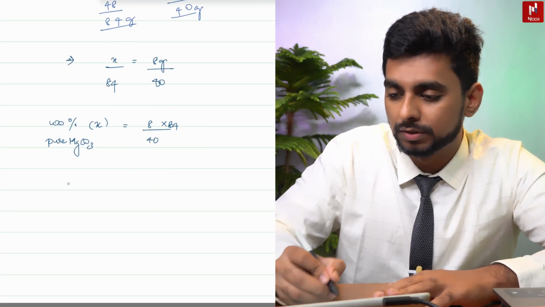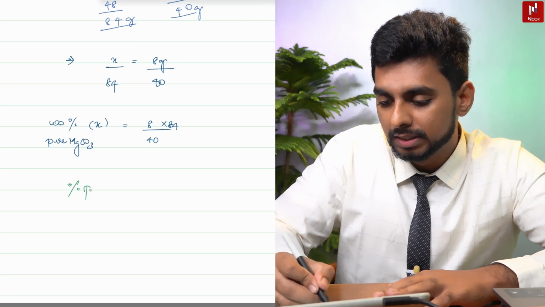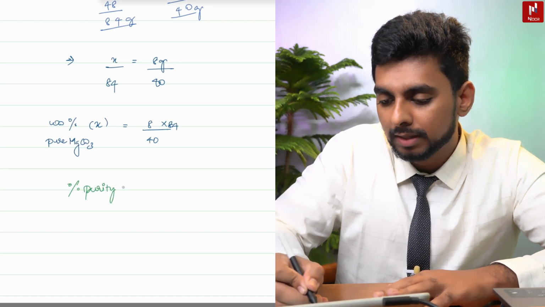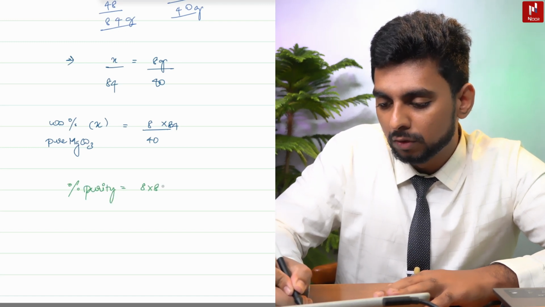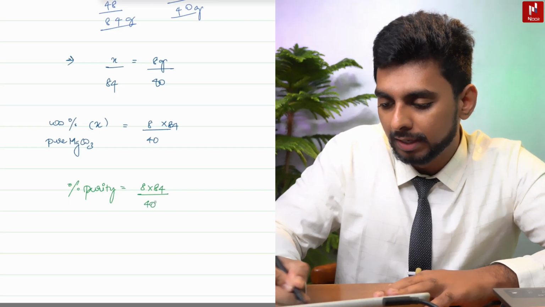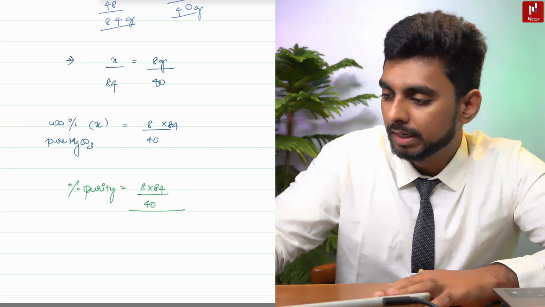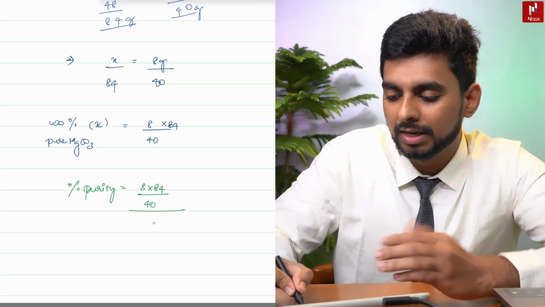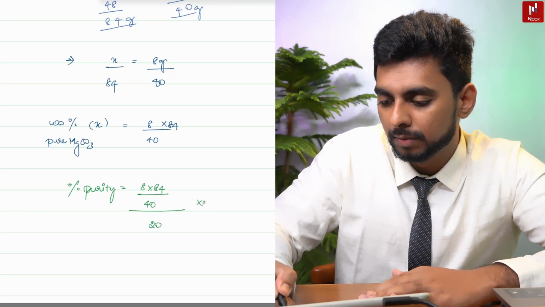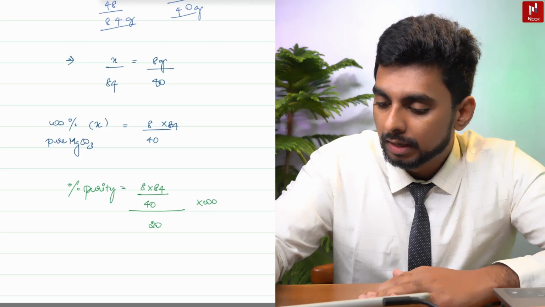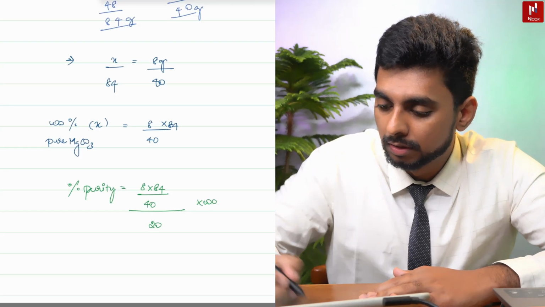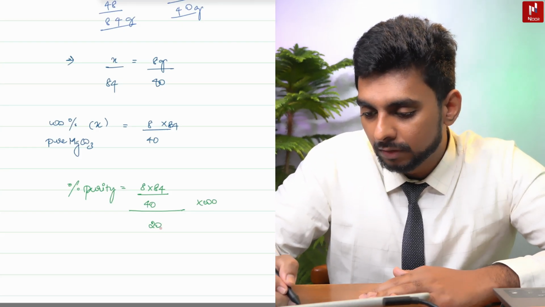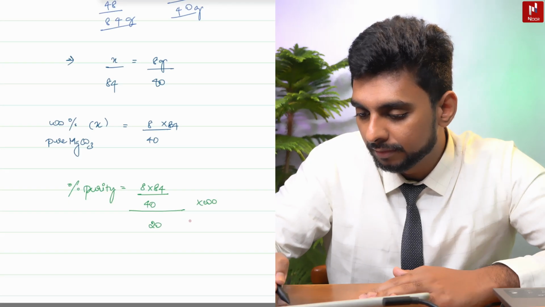I hope I didn't confuse you. So here you've got the percentage of purity, right? To get the percentage of purity, you'll have 8 into 84 divided by 40 as the numerator. In the denominator, you will have the sample that I've taken, which is 20, multiplied by 100. Let me cancel this out.